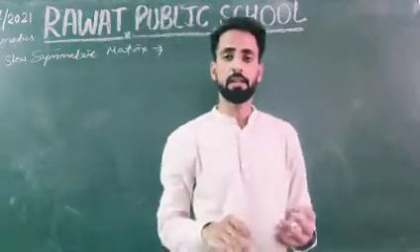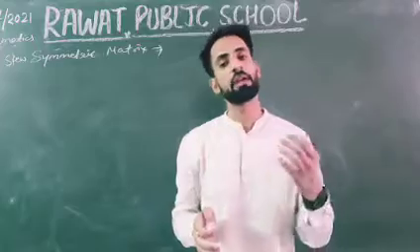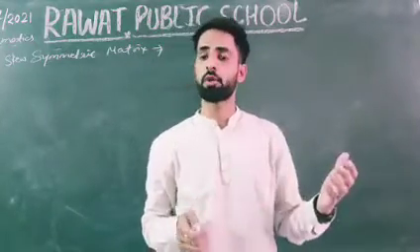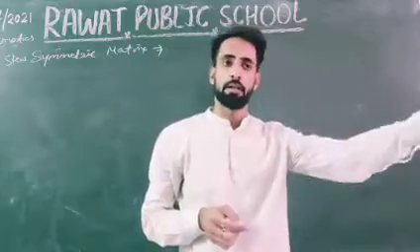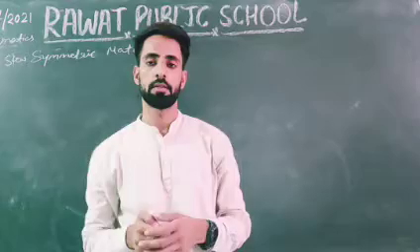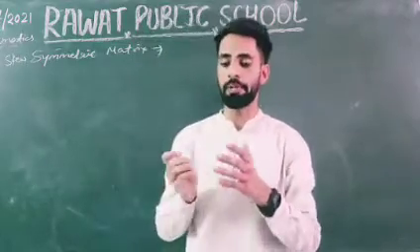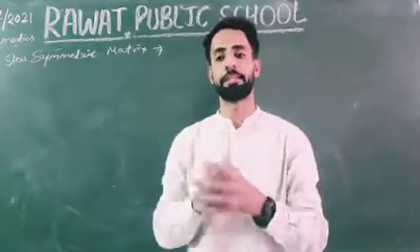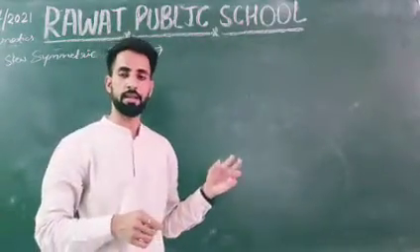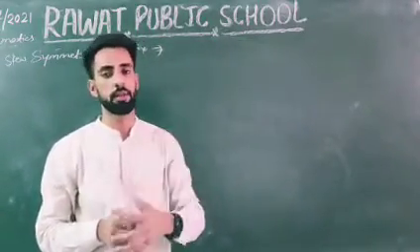Skew symmetric matrices are those matrices where when we transpose the matrix, the original matrix is equal to the negative of the transposed matrix. Means A will be equal to minus AT. This is the only difference between the symmetric and skew symmetric matrix, a difference of just a negative sign.